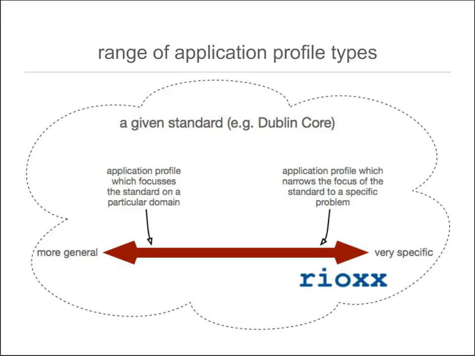Then on the right-hand side of the arrow, at the other end of the spectrum, we have application profiles which are deliberately very tightly focused to solving a particular problem or to serving a particular use case. So they will be very specific. Typically, they'll be quite small, very constrained. And RIOXX, which I'll be talking about, very much belongs at that end of the spectrum on the right-hand side there.